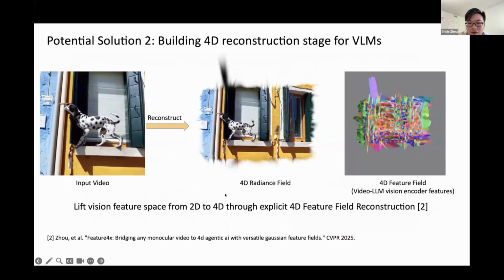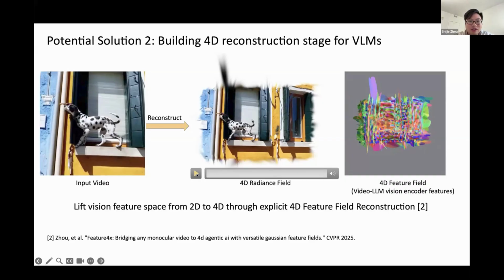So we want to basically lift the vision feature space from 2D to 4D through explicit 4D feature field reconstruction. Why do we want to do that? Because 4D scene reconstruction from monocular video is a very hard problem.